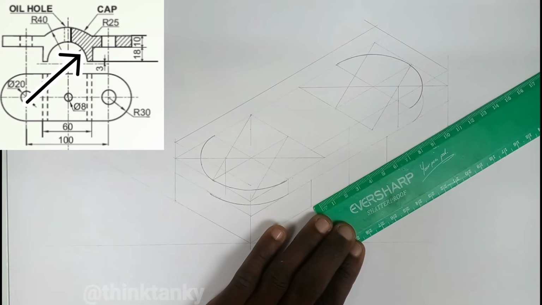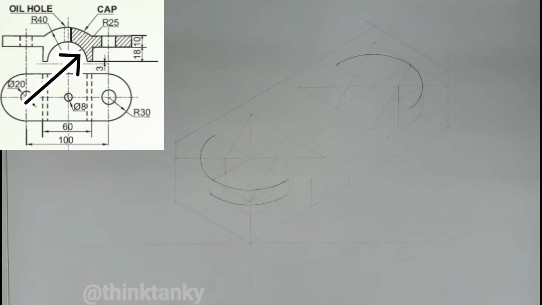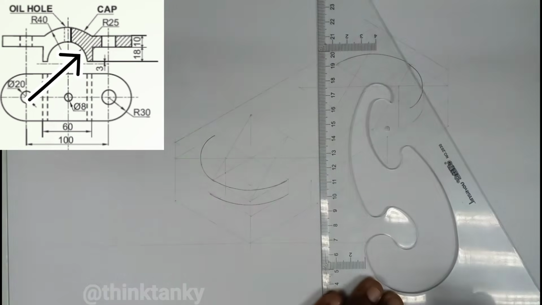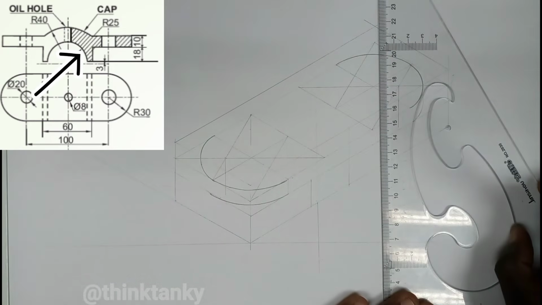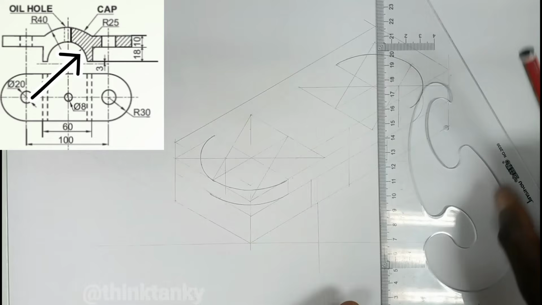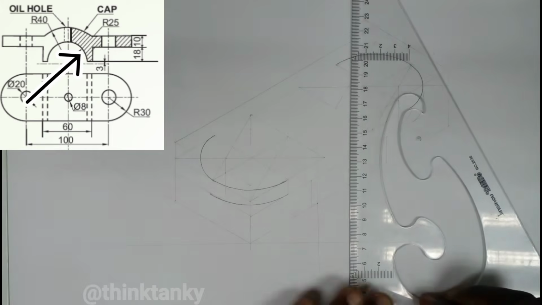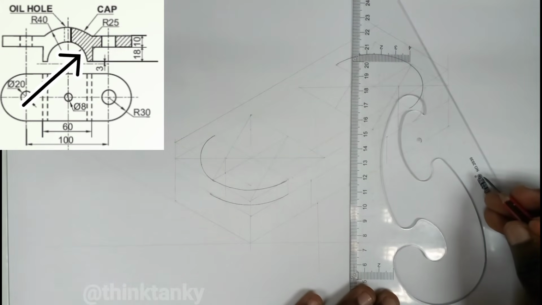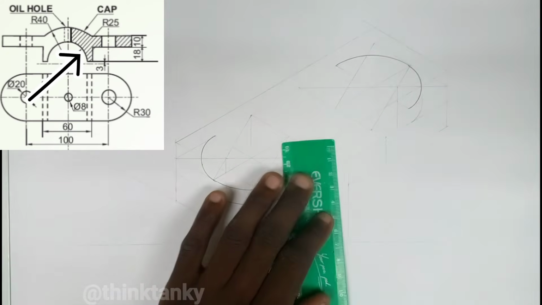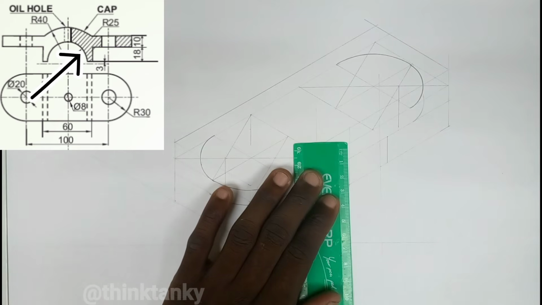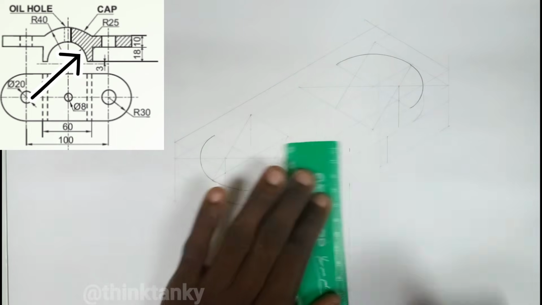If I measure 25 on both sides, 25 here, 25 here. And I want to draw a semicircle, so I'm going to project these lines downwards and upwards. Then let me project my center. After that I'm going to measure 25 upwards, 25 downwards in order to construct that square.